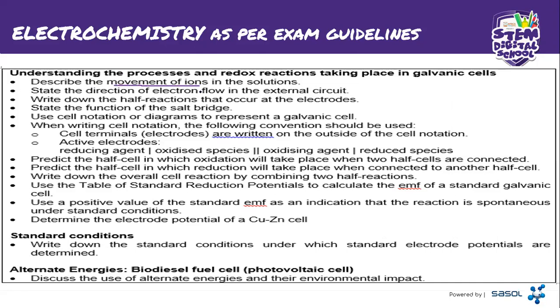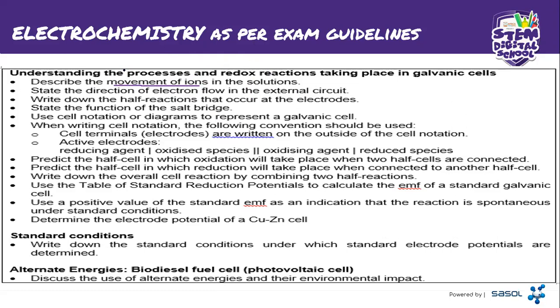So we must know that altogether. For example, how ions move from the salt bridge into each half cell altogether. Either the half cell which houses the anode compartment or the half cell which houses the cathode compartment.